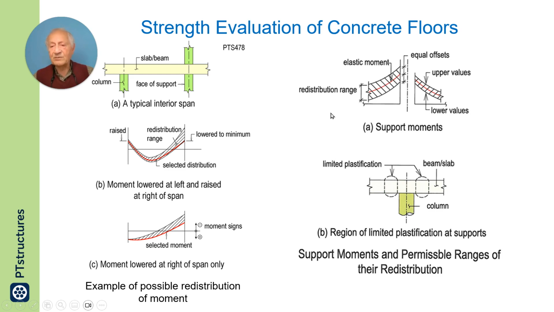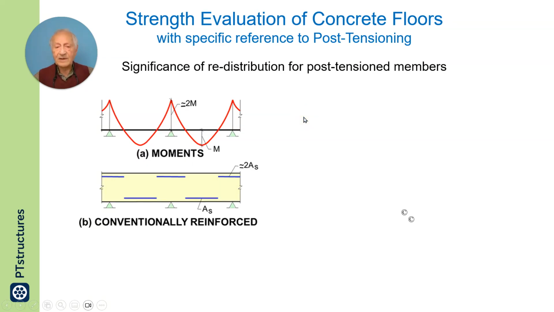You raise the bending moment of the entire span or lower the entire span to see whether it meets the demand. Now, this post-elastic distribution is very important for post-tensioning, and I am going to explain why.